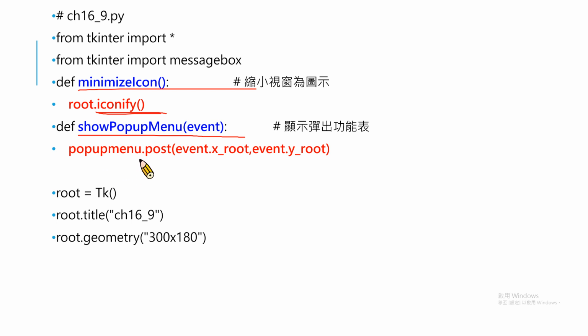We use post to post the menu at a specific position. This is the x, y coordinate of the event.